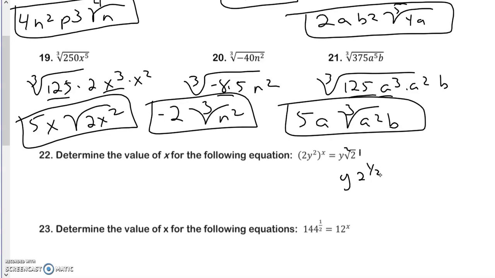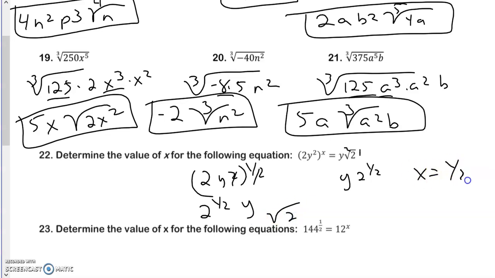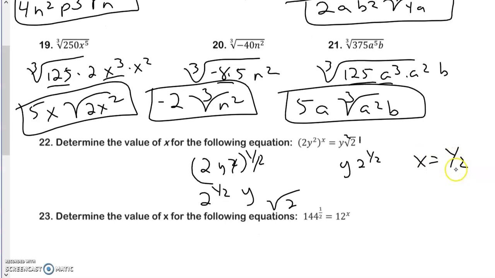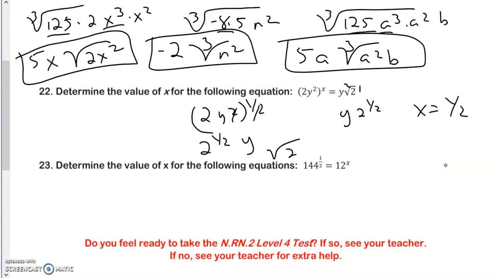So if this was 2, y to the second, and if this was a half, and if I distribute it, it would be 2 1/2, and this would just come down to a y, which means I would have had to take the square root, so x has to be 1/2. I got to think backwards. I got to think outside the box. This one, I know this would be 144, and technically the 2 and the 1 would be here. Well, the square root of 144 is 12. So this would be 12x. This would technically be 12 to the first power. So x has to be 1.